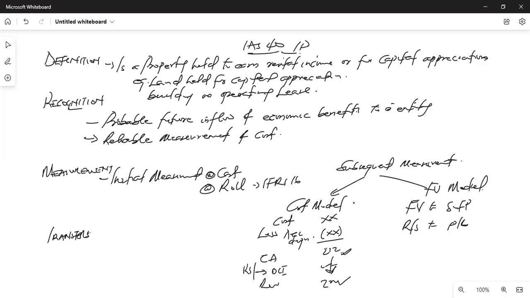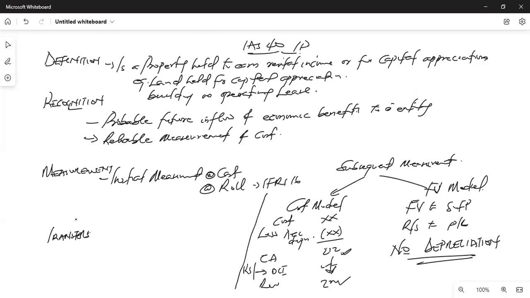One key bit you need to know is that once you go by the fair value model, you do not depreciate the asset. Take note of this because this is where it gets tricky. No depreciation under the fair value model.